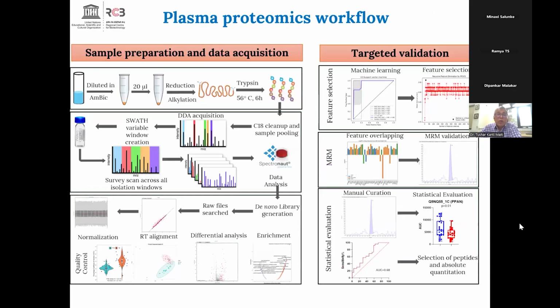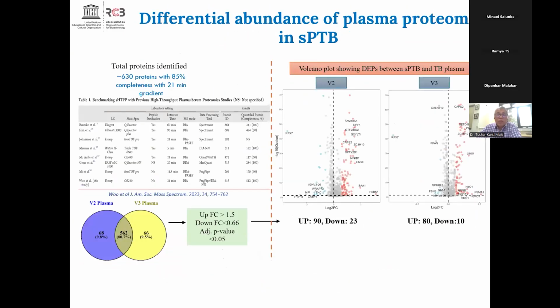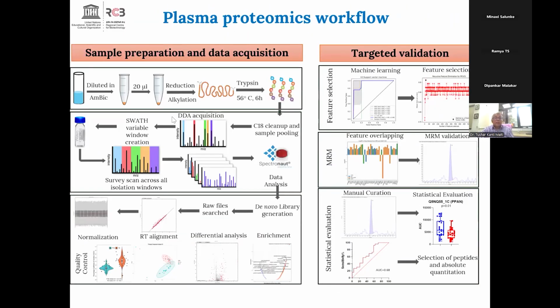The workflow, as Dipankar already mentioned, is the data independent acquisition workflow. The sample preparation, as Dipankar mentioned, is a very critical step. We have taken the plasma with dilutions, used approximately 50 micrograms of protein, trypsin digested, and then cleaned the samples using a C18 cartridge.